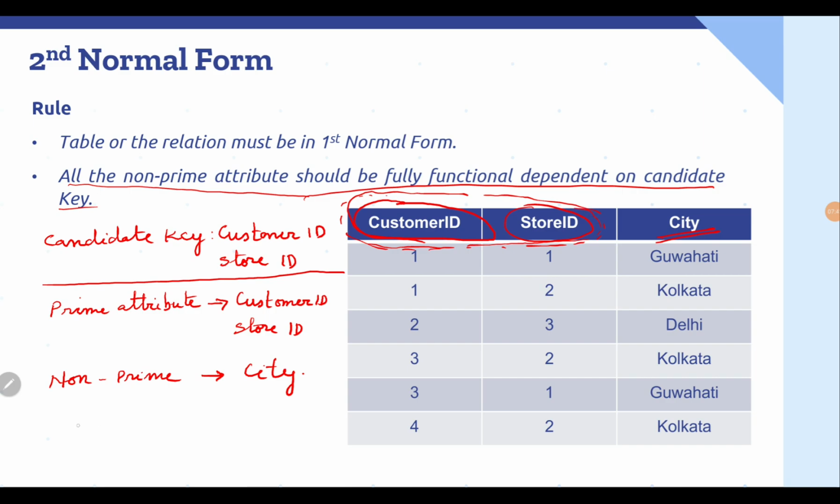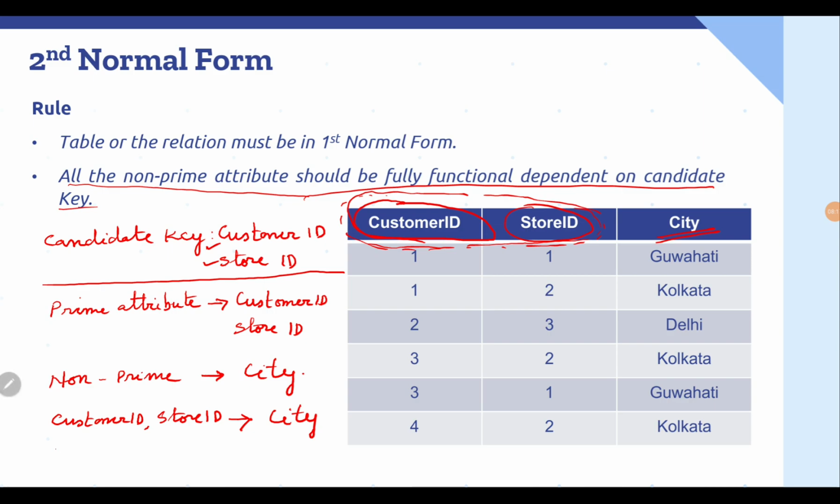So the functional dependency should be in this way: customer ID, store ID should fully determine city. City will be fully functionally dependent on customer ID as well as store ID. The meaning of this statement should be like that.